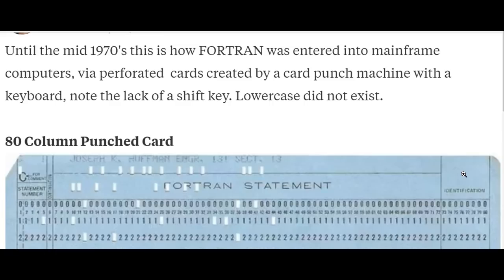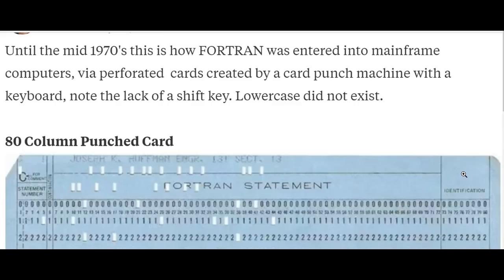You will see that the person who actually put this information out there is a previous Fortran programmer. Fortran is a programming language that was used for the early mainframe computers for the perforated cards. I'm sure he wouldn't have a problem answering any questions that you've got about this.